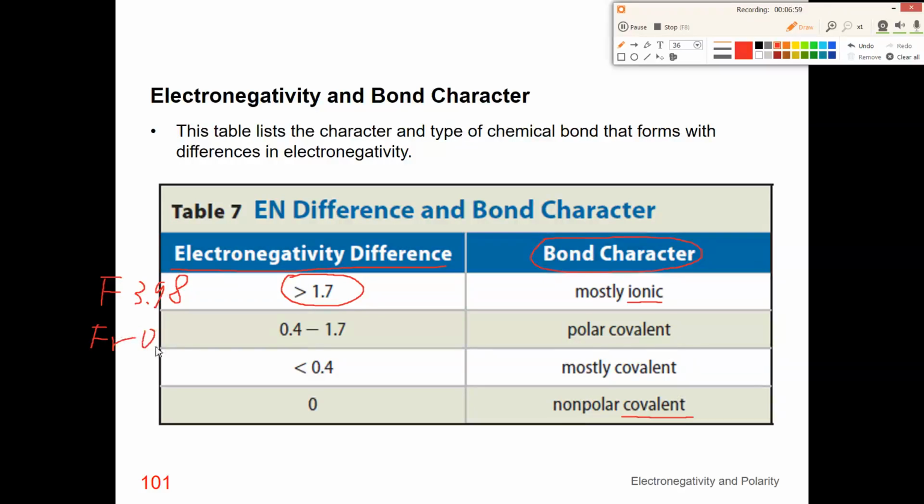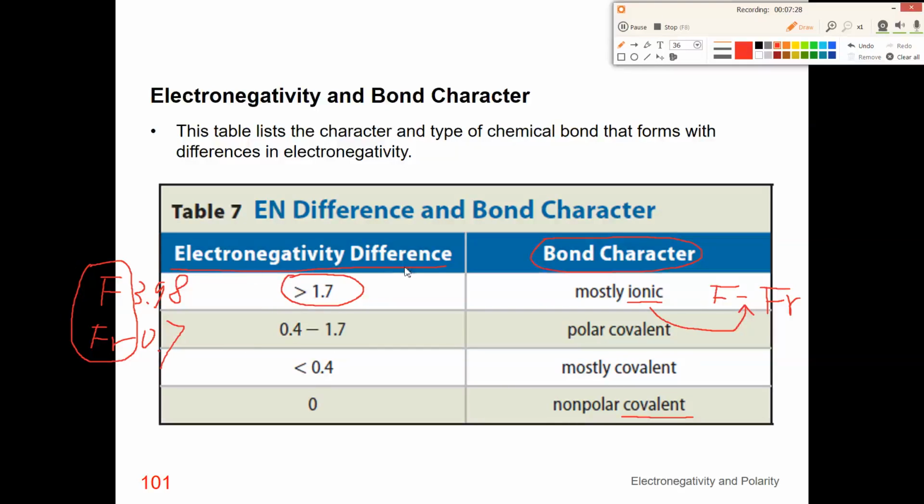Fr is 0.7, so the difference between the two is about 3.2, higher than 1.7. So if fluorine and Fr form a compound, this bond is mostly ionic.